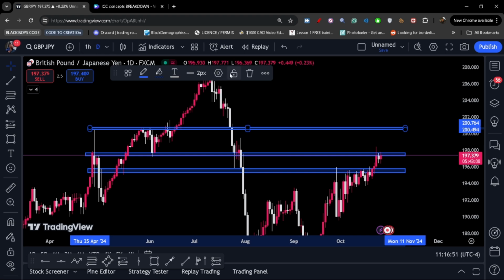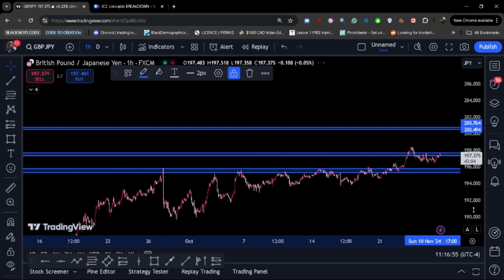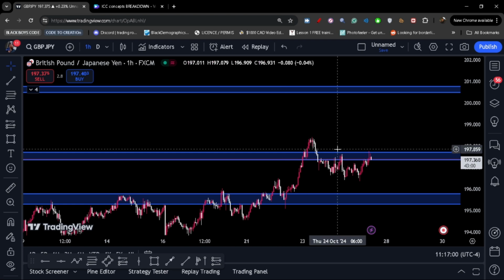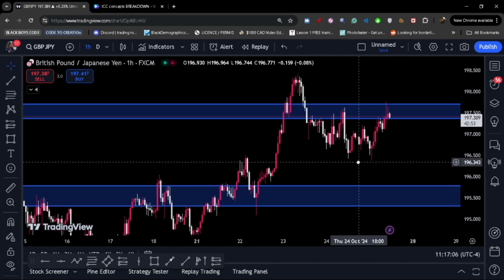Now the second step, guys, is going to the 1 hour time frame to mark your area of interest again. We are still on our area of interest, so we understand that the area of interest is to understand where price shows clear demarcation between buyers and sellers. Very simple.